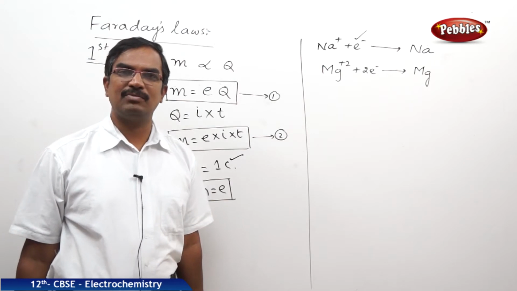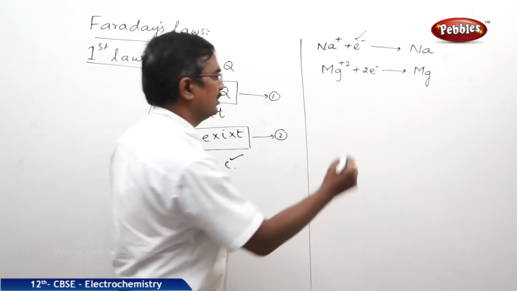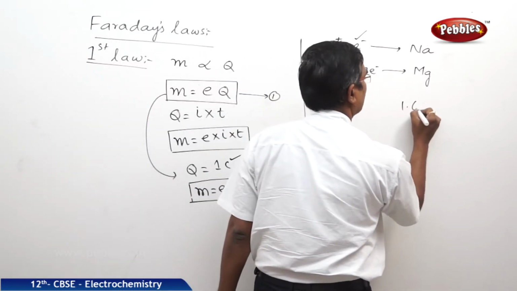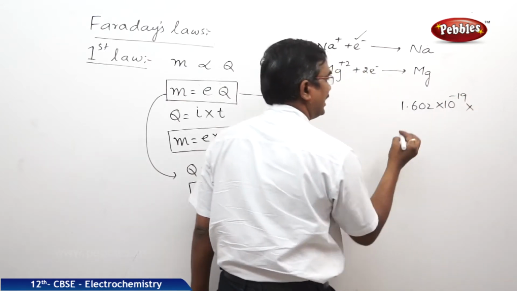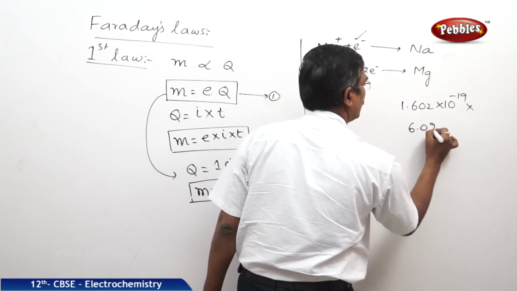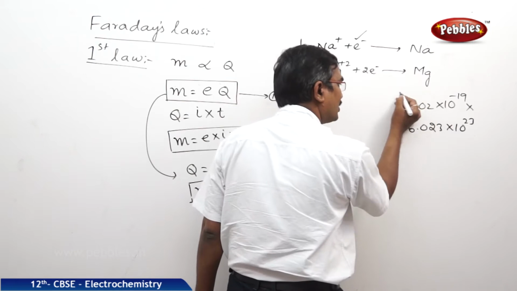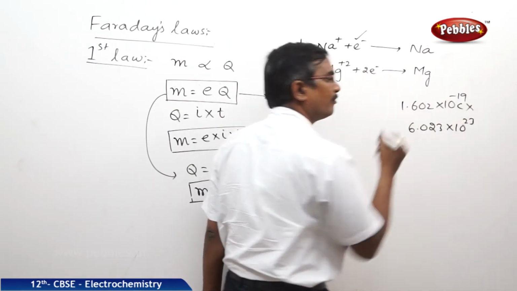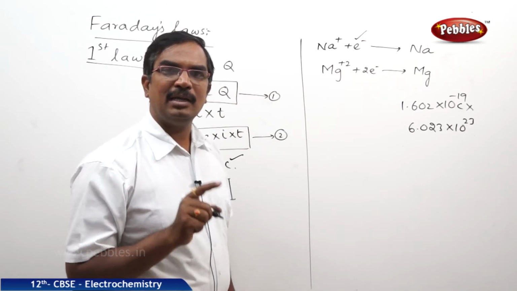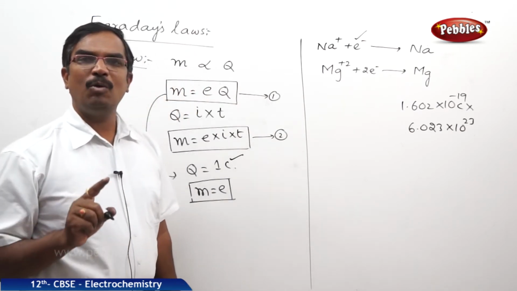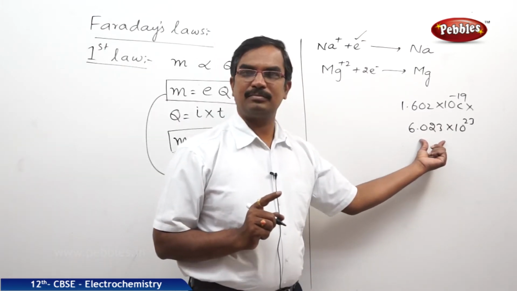The charge of an electron is 1.602 into 10 power minus 19 coulombs, multiplied by the Avogadro number, 6.023 into 10 power 23. As we are saying, 1 mole of electrons means, as per stoichiometry, 1 mole of the substance should have the Avogadro number of particles.